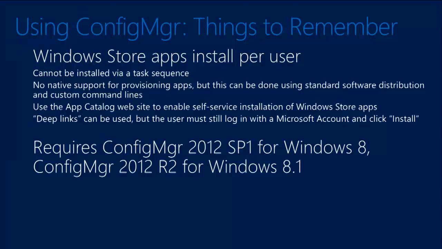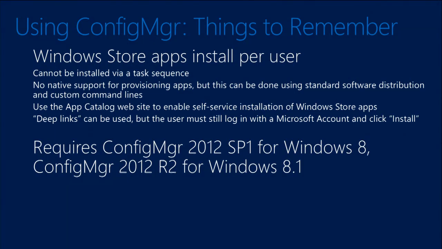So then for Configuration Manager, the main things that we need to remember are, again, Windows Store apps install per user. So Configuration Manager is really into this user-centric model of delivering software to Windows 8 and Windows 8.1 computers, especially when we're talking about modern apps. Everything that they've built to support these new modern apps is targeting users.